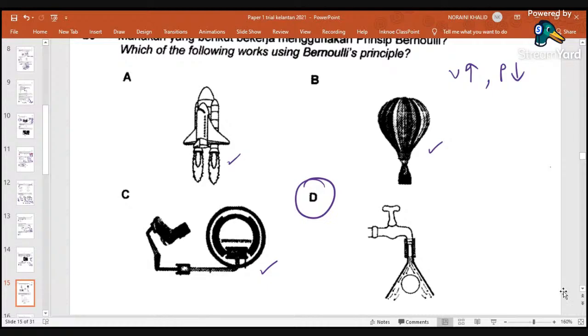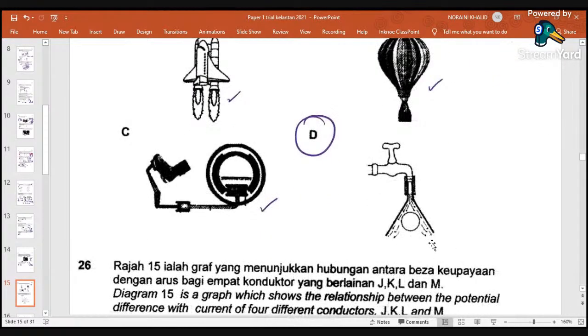So the answer is D. The ping pong ball does not fall off because there is a difference in pressure above and below. Above, the high speed of water will produce a smaller pressure. Below, the water has larger pressure, which will push the ping pong ball up.